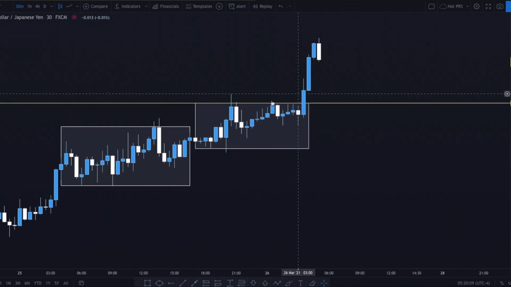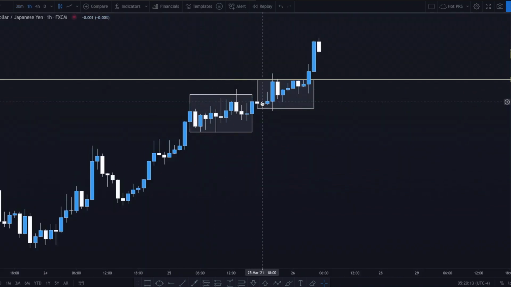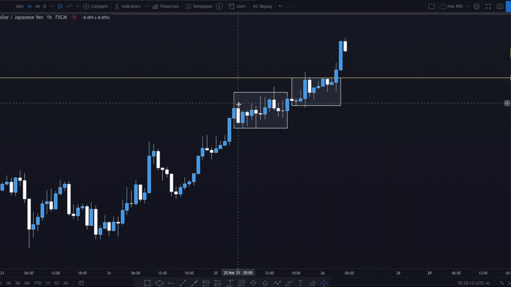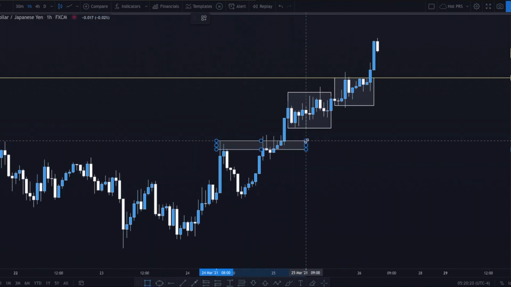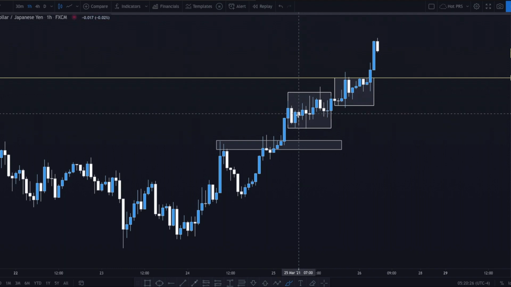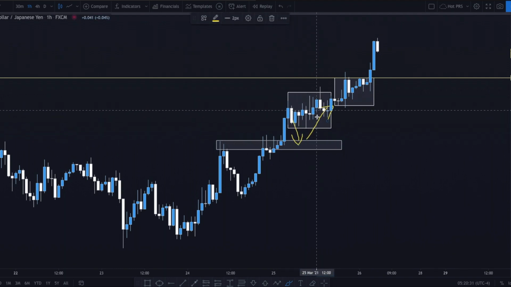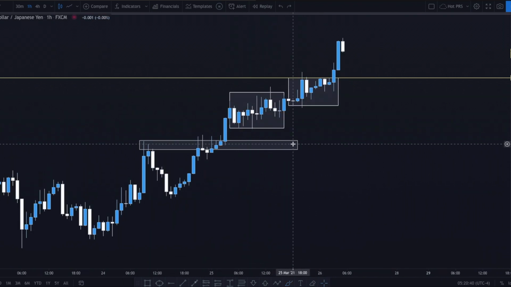I just stopped focusing on the trade because I wanted to take this as a buy, but when I realized price was moving sideways, because what I wanted was price to break this area and then come back as a retest. So price would have come back as a retest and then pushed to the upside, but price didn't do that. Price went straight into a range, and that was it. When I saw this, I got turned off from the pair.